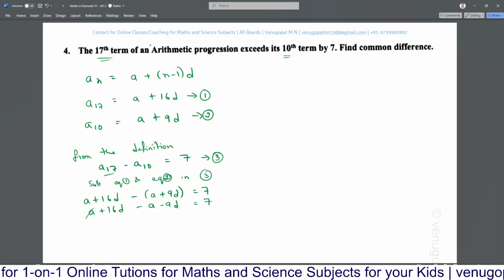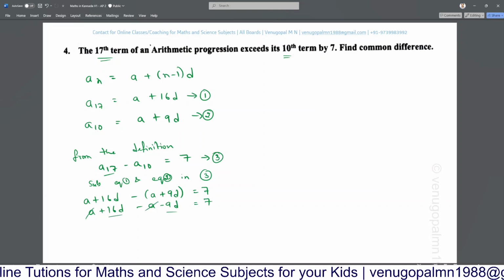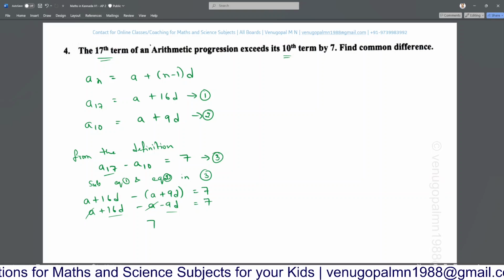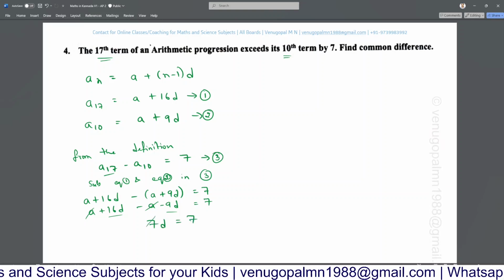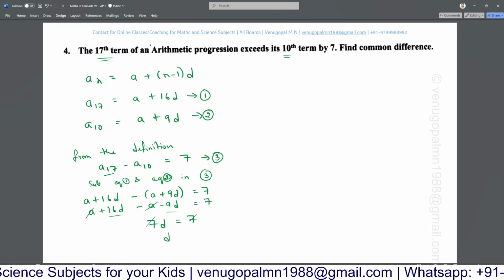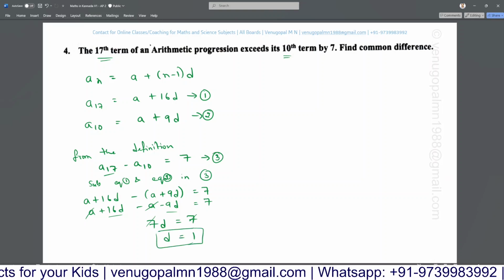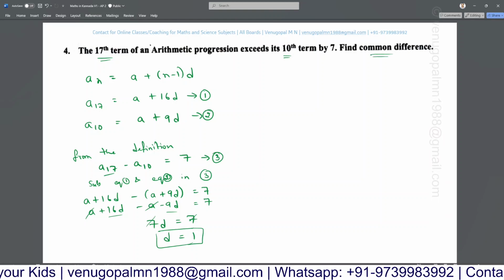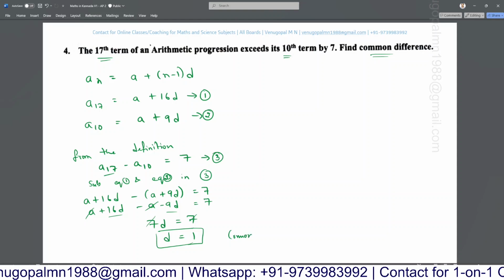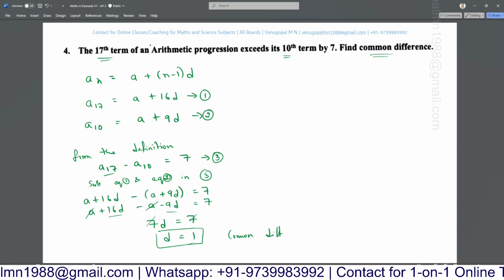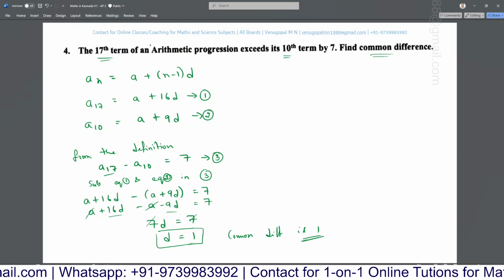Now A will get cancelled. 16D minus 9D would be 7D is equal to 7, and 7 will get cancelled. D is equal to 1. The answer for this question, find the common difference, is: the common difference is 1. Okay, very simple, guys.